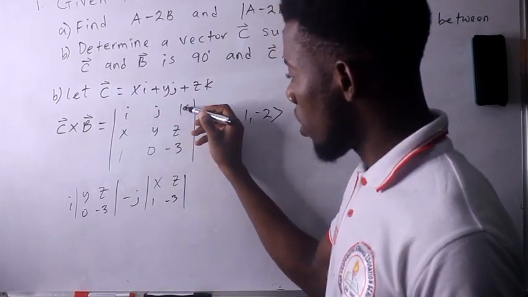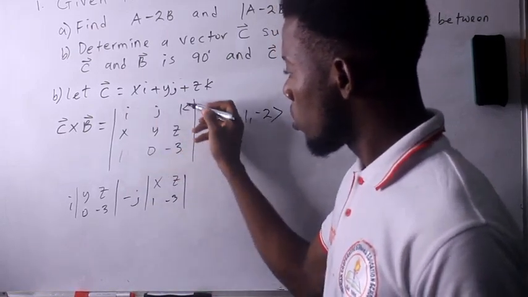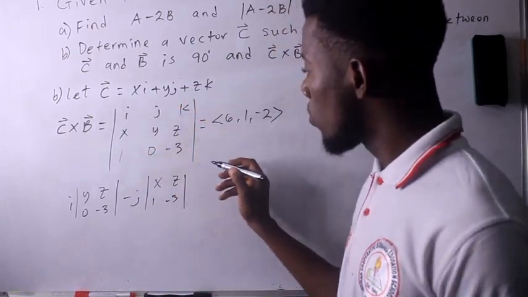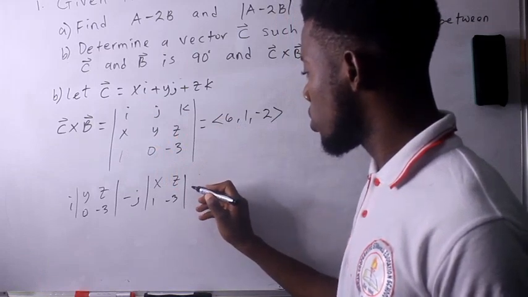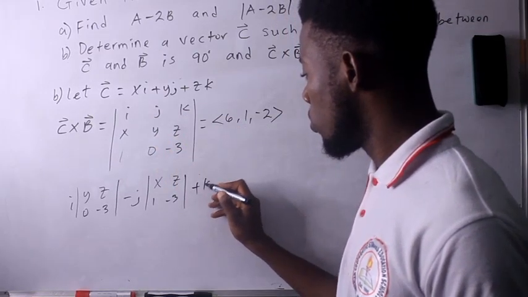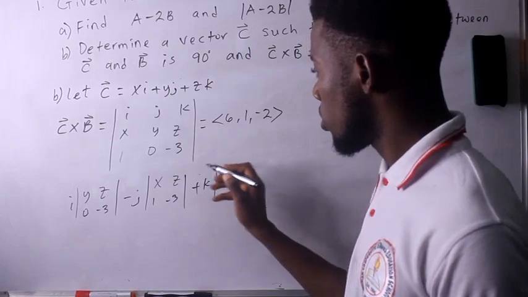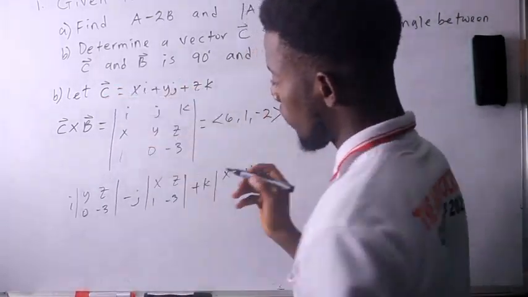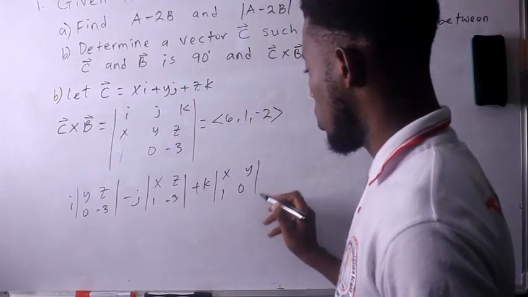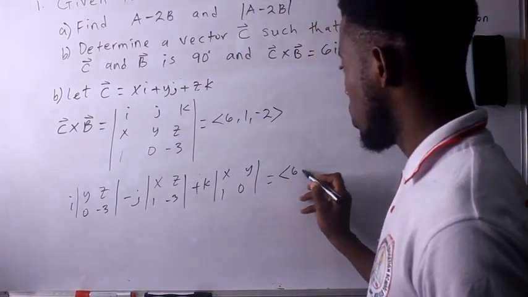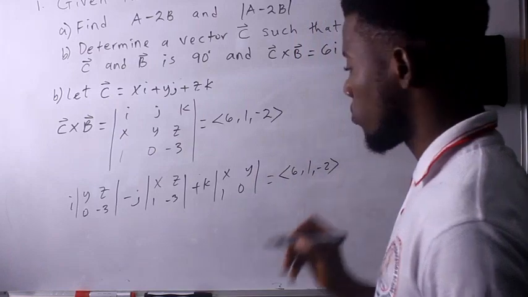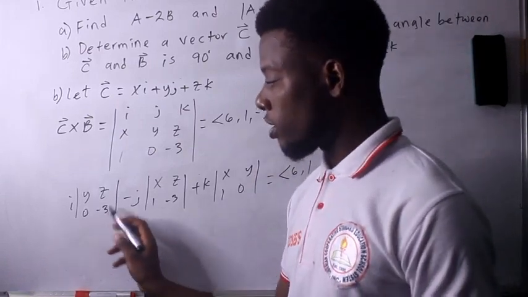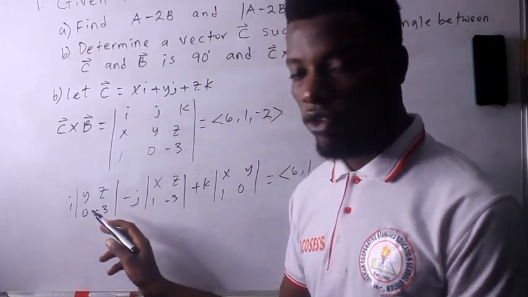And then if we cancel the row and column of k, we have plus k onto x, y, 1, 0. And this should be equal to 6, 1, minus 2. So find the determinant of each 2 by 2 matrix.